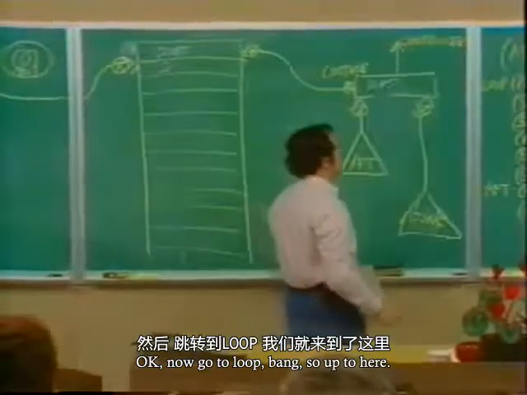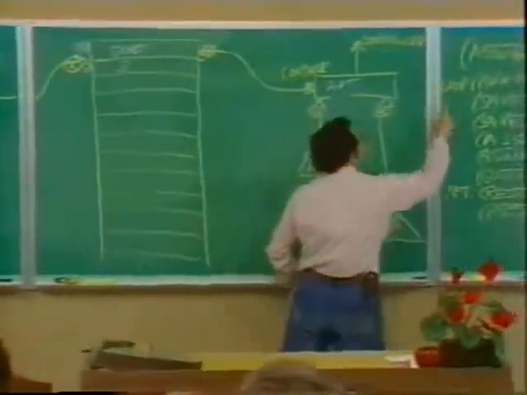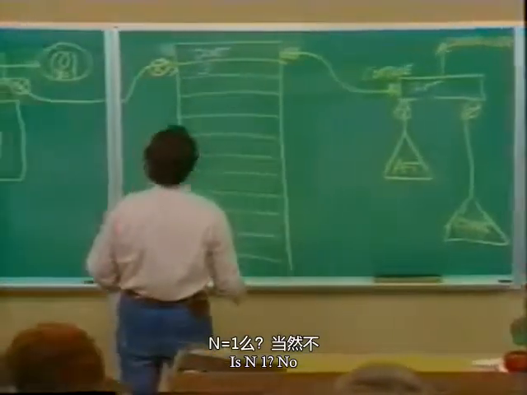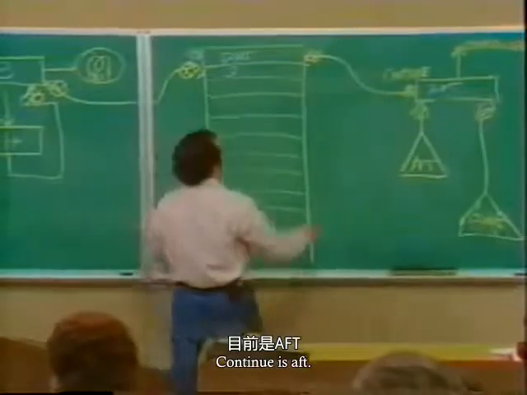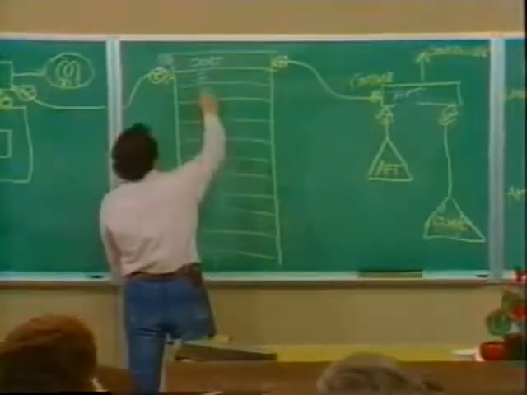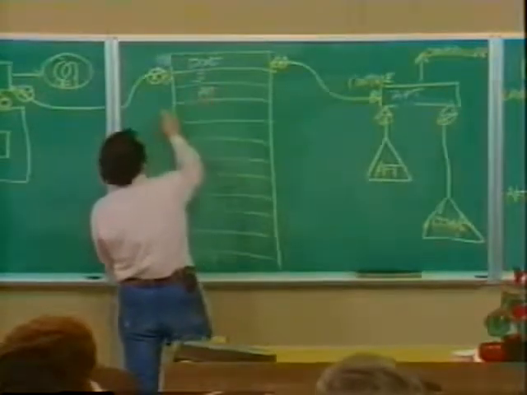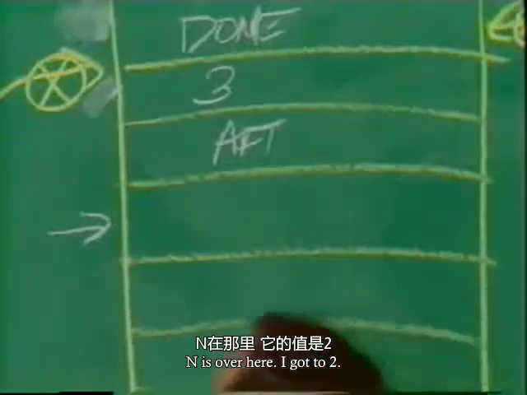Okay? Now, go to loop. Bang, so up to here. Is n 1? No. So I have to save continue. What's continue? Continue is aft. Push this button. So this moves to here. I have to save n. N is over here. That's a 2.